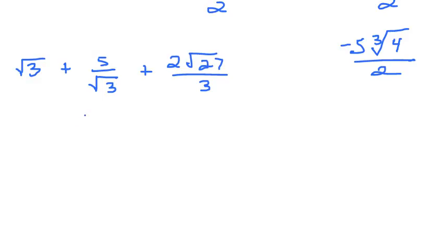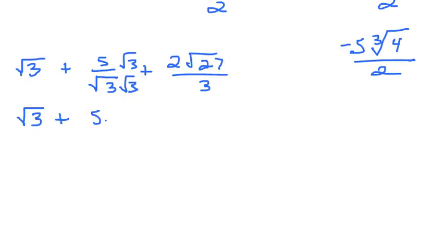Alright, so we need to get a common denominator, but this thing here can be written as 9 times 3. Okay, better not skip any steps. We're going to go ahead and multiply square root of 3 on top and bottom here.